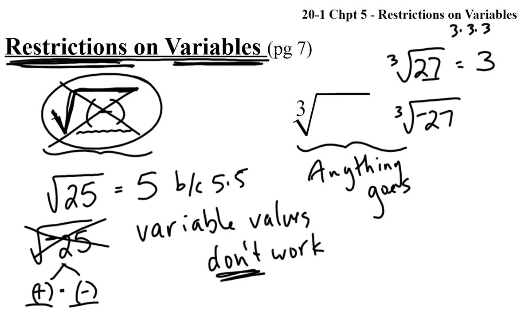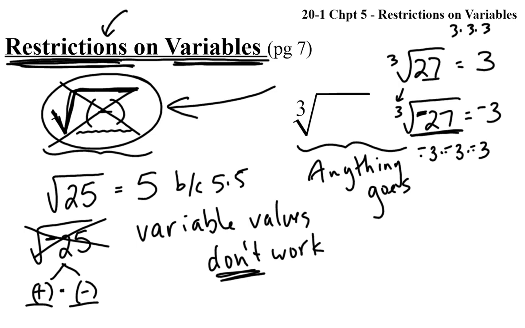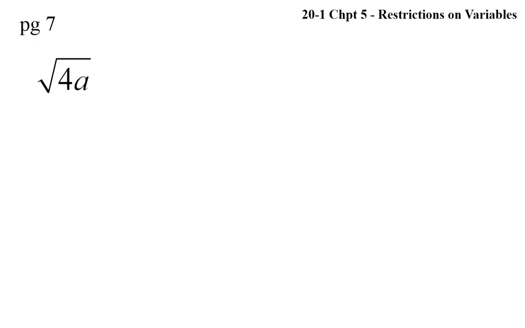We can, because negative 3 times negative 3 times negative 3 will equal negative 27. Negative, negative, negative, there's a negative. So we can cube root negative 27. So it's these square roots that are going to cause problems, and we need to put restrictions on.